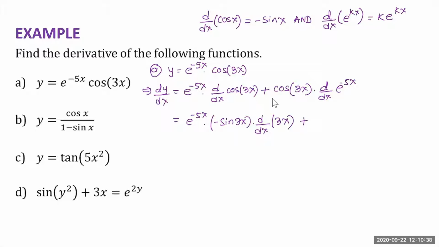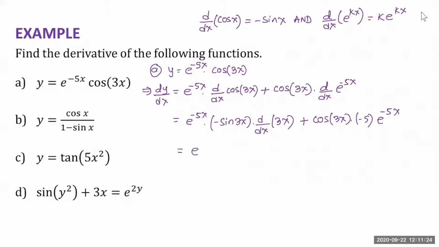Then this plus sign. Then we have cosine 3x multiplied by the derivative with respect to x of e to the kx. The derivative with respect to x of e to the kx is k times e to the kx. Our k is negative 5, times e to the kx, which is negative 5x.